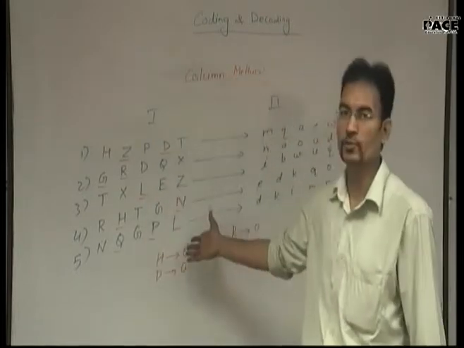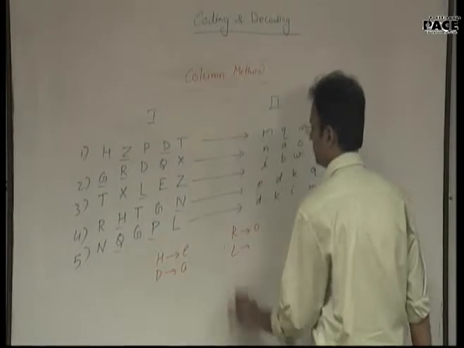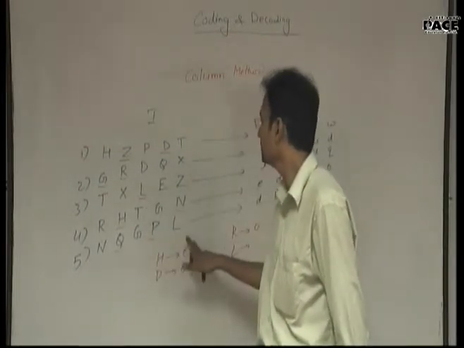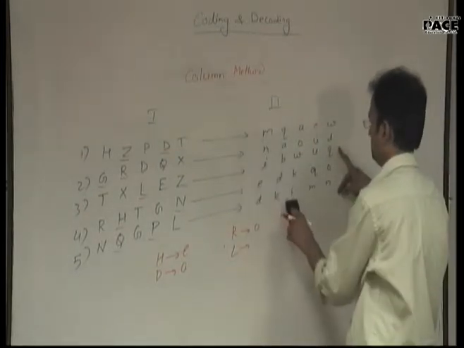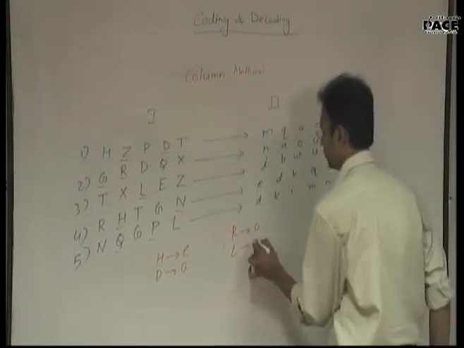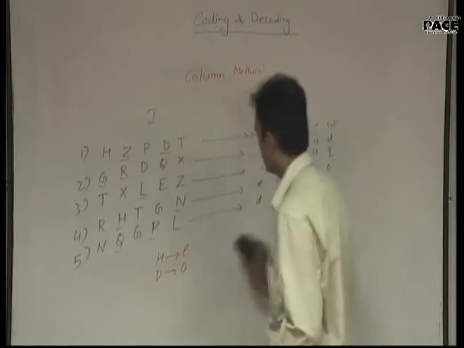Similarly, we can find other values also, like L here and here, 3 and 5, and we have I is common. Only I is common, so value for I is I. Similarly, we can find other values.